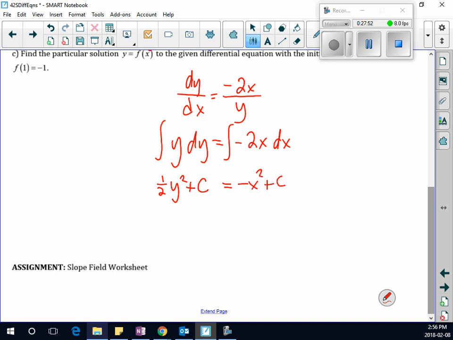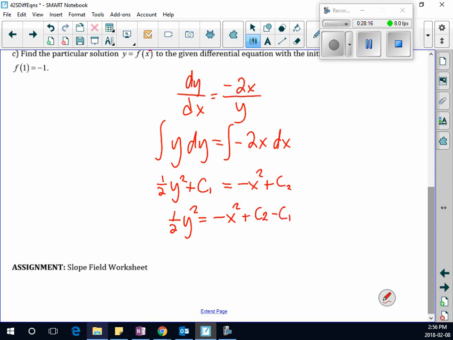Now, here's the thing. It's a different c. So I'm going to put c1 and c2 because it is technically a different c. So now I'm going to solve for y squared. I'm just going to go 1/2 y squared equals negative x squared plus c2 minus c1.